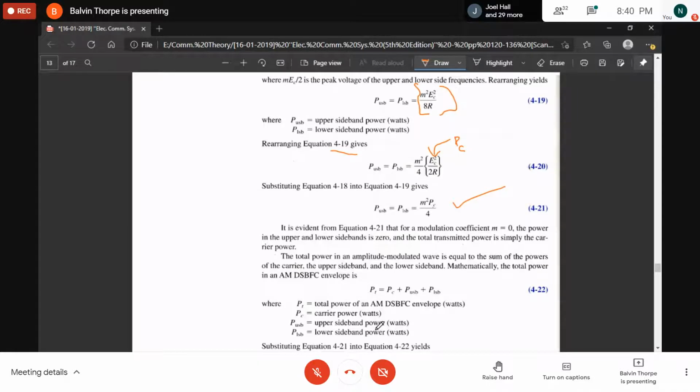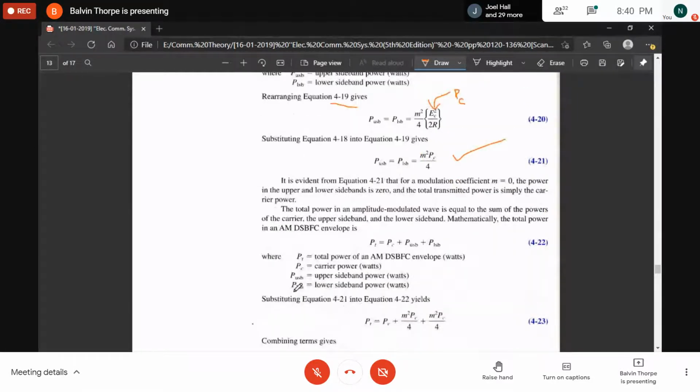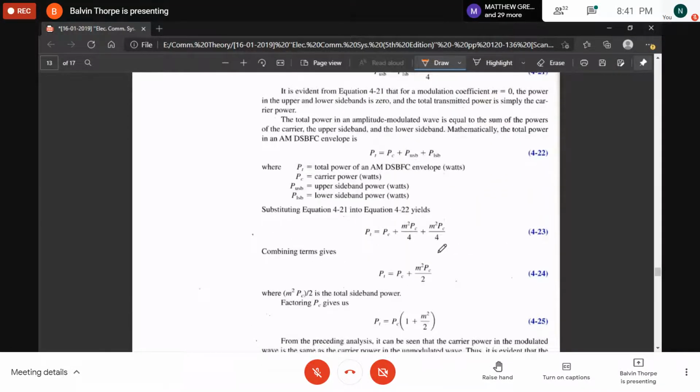Which means if we're writing the total power in the AM wave, the total power in the AM wave equals the power in the carrier, which we know as EC squared over 2R, plus the power in the upper sideband, which is m squared PC over 4, plus the lower sideband. That is why the power in an AM wave can be written as this, but it's not simplified.